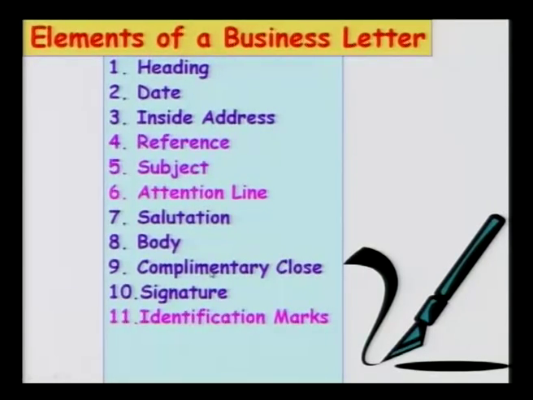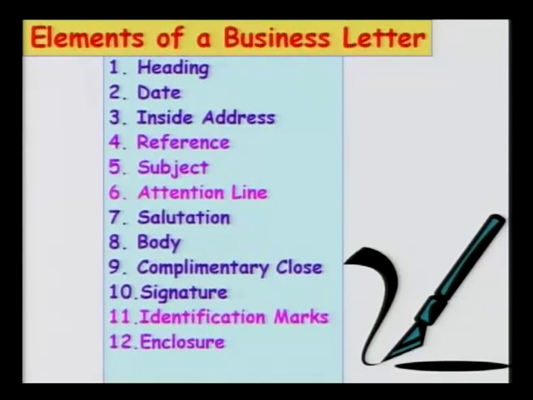A letter can survive without, for instance, the reference, sometimes the subject given in the form of a topic at the outset, the attention line, or even identification marks, and then the enclosure, depending on whether you are going to attach a document or not. A letter can survive without these, but it cannot survive without certain other things which I have darkened.